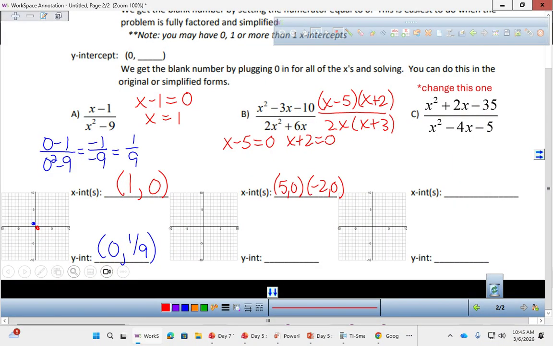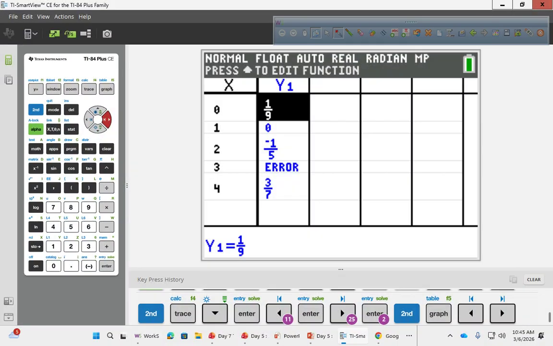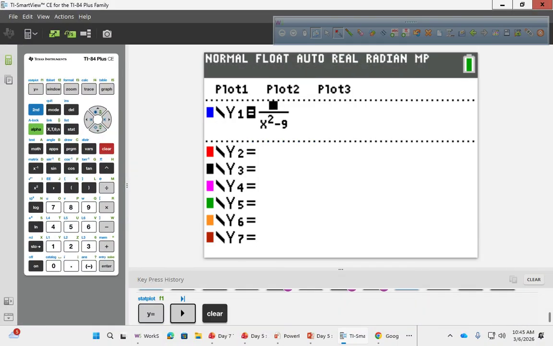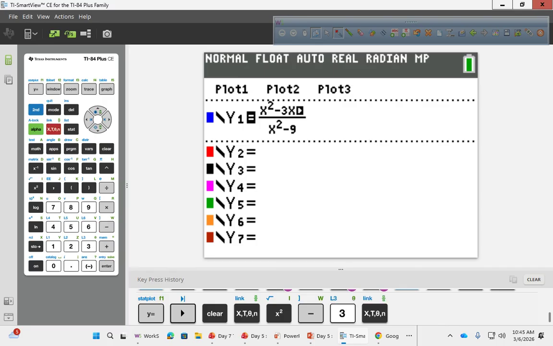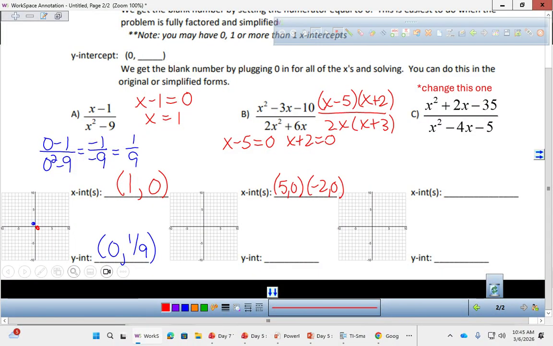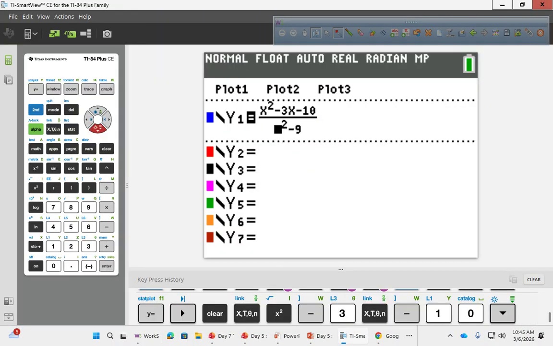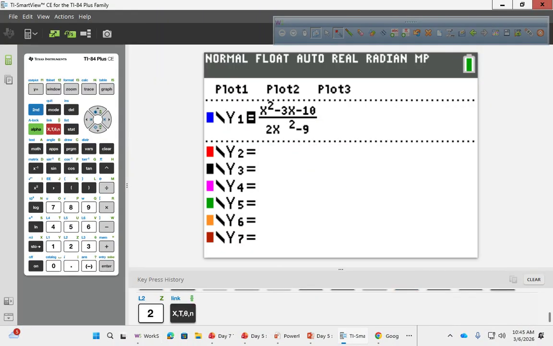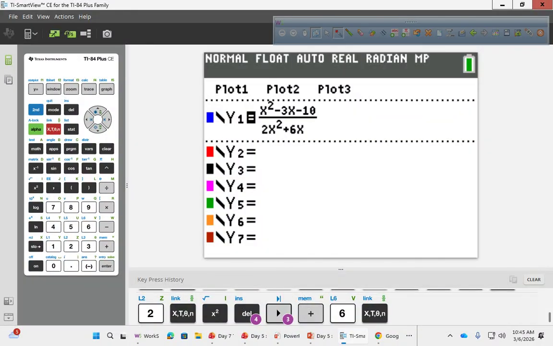Or, alternatively, you could do this in your calculator. x squared minus 3x minus 10 over 2x squared plus 6x. So here's my equation.